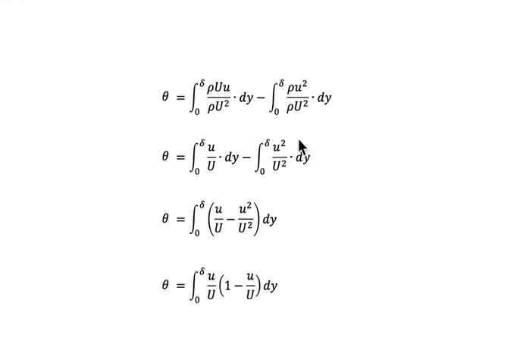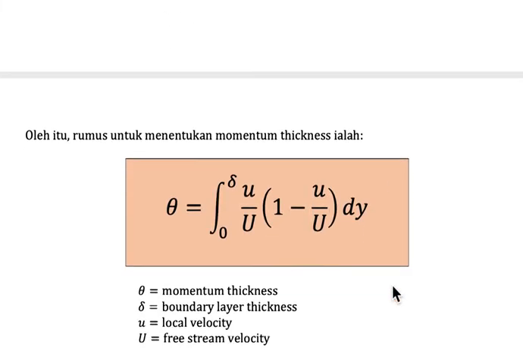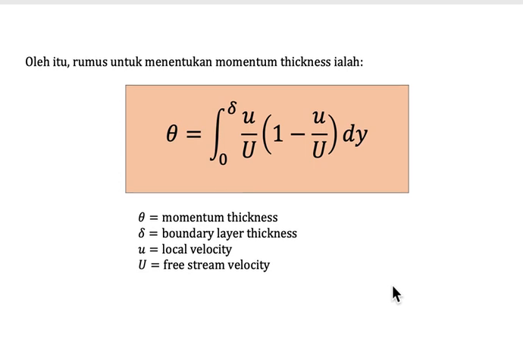Finally, we rearrange this equation, and we could say that theta is the integral from 0 to delta of u over U in bracket 1 minus u over U dy.